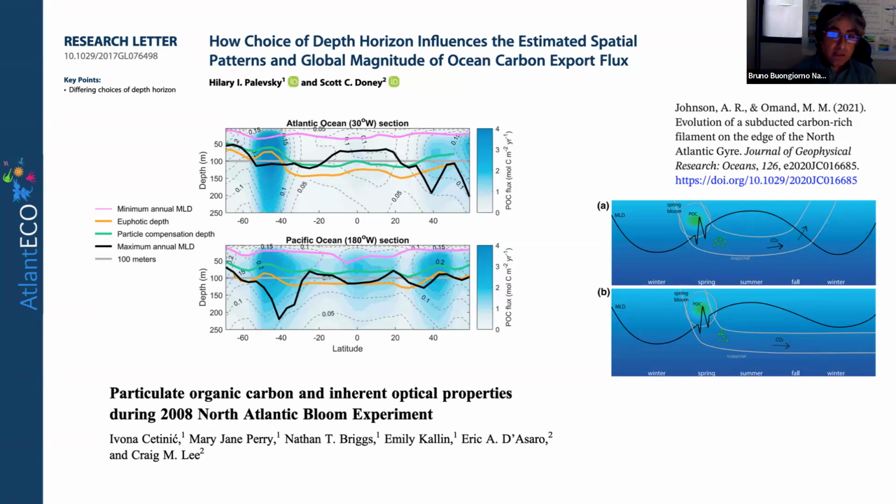But in reality, what is more relevant for POC is the deepest surface between the mixed layer depth and the euphotic depth, because this is where the flux of carbon leads to, blocks the biological activity, and where the consumption and degradation of POC starts.